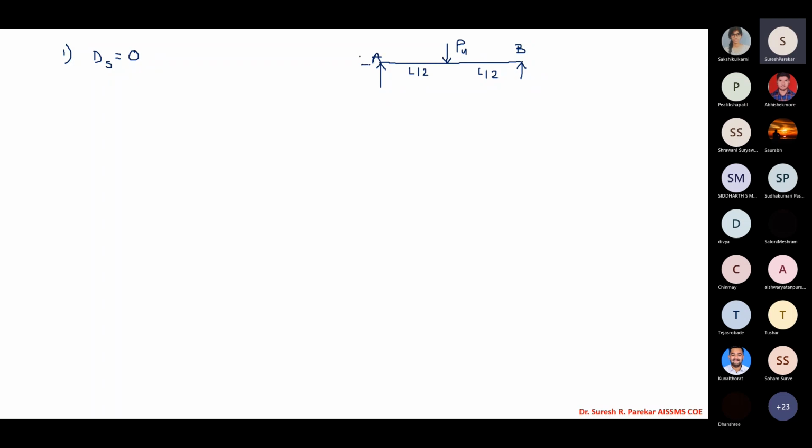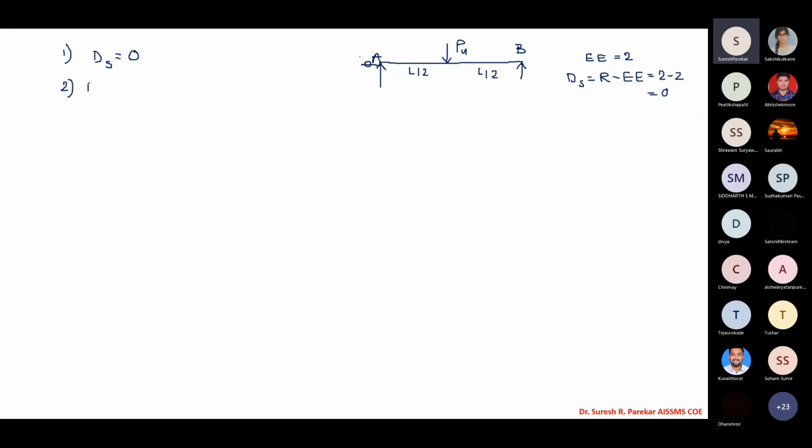Because if we consider any horizontal, then also it is 0. So we have beams. Beams मध्ये equilibrium equations we have 2 only. And then we have DS equal to R minus equilibrium equations. R we have 2, 2 minus 2, 0. So we have first DS equal to 0.